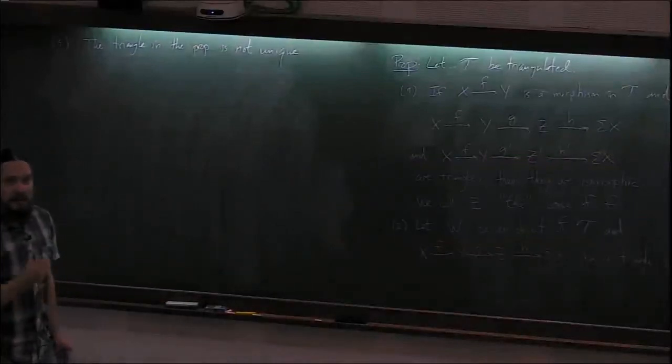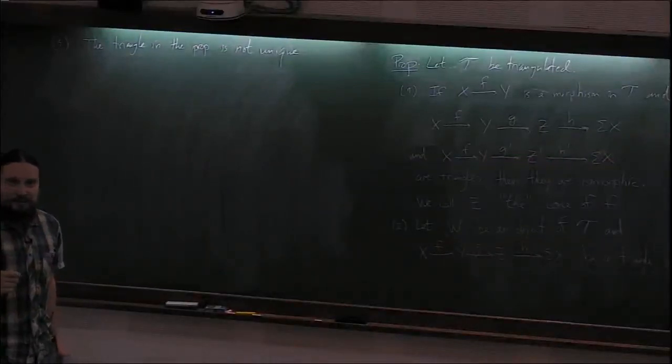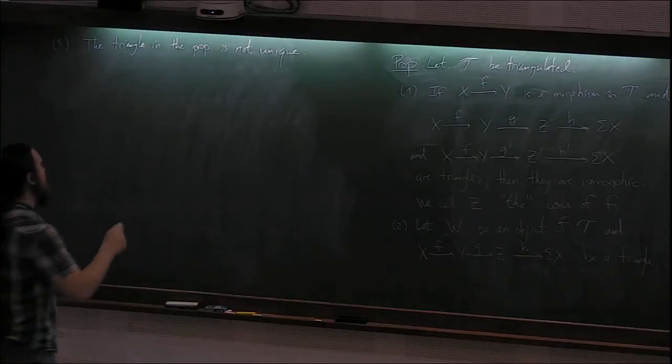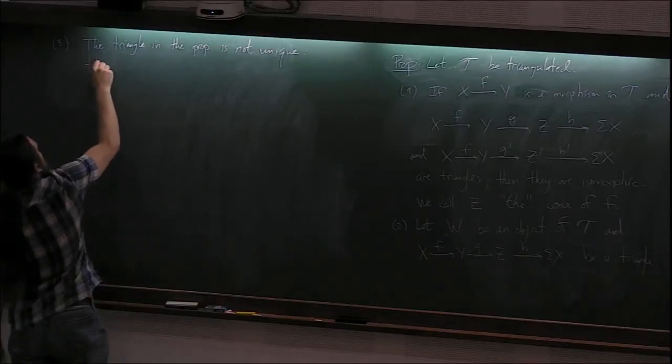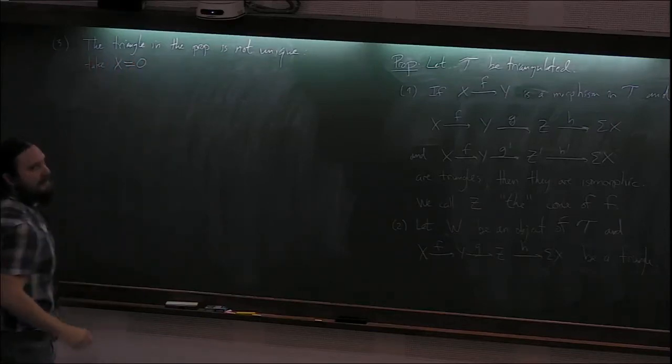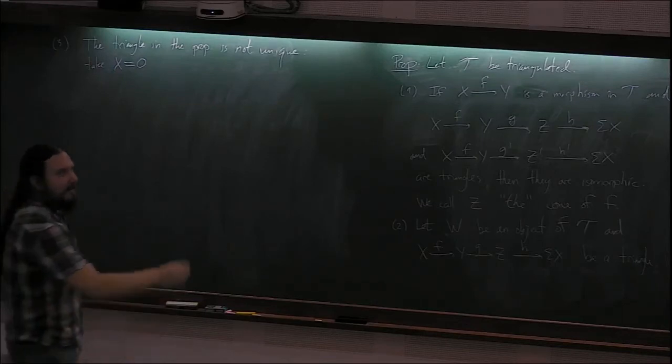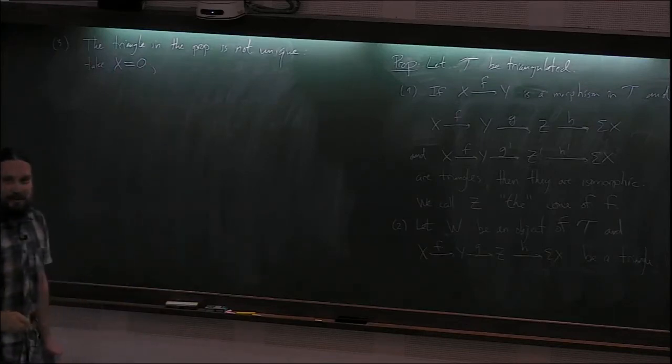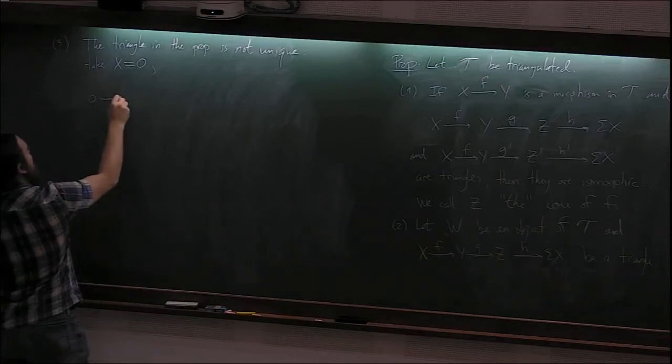And I'll give you an almost stupid example to show that this is the case. If you take X to be the zero object, then I will give you two triangles as in the proposition. The first triangle has zeros everywhere.